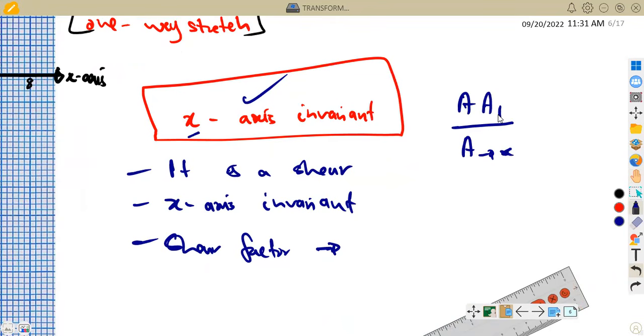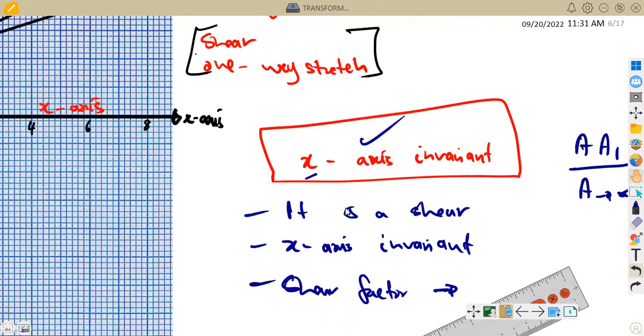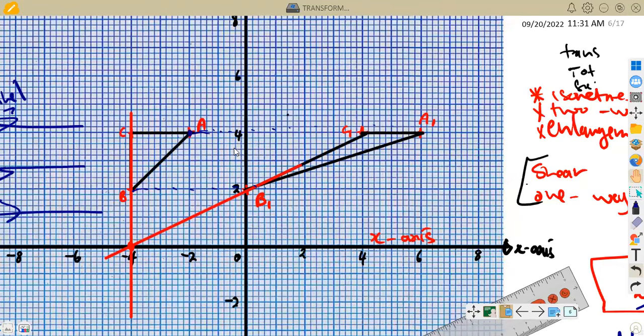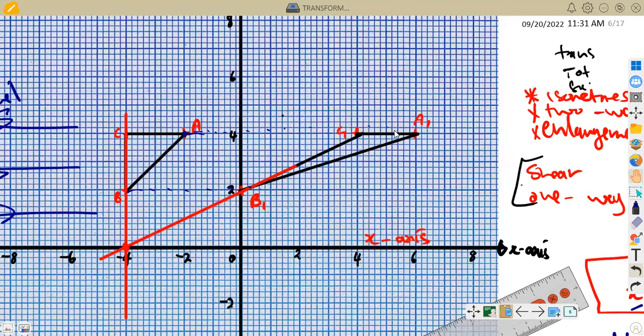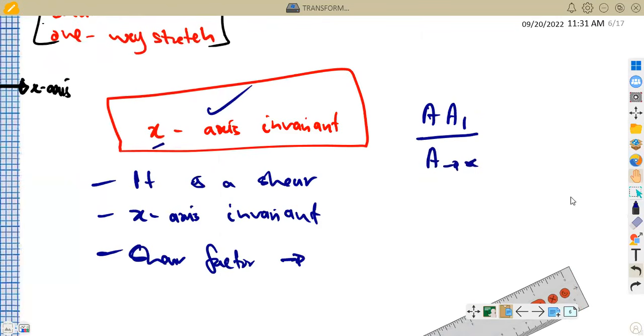Okay, so let us start with the distance of A to A1. So this is A to A1 according to scale. It's going to be 2, 4, 6, 8. According to scale, it's 8. So the distance moved by A to A1 is 8 units. All right, so this is 8 units over the distance of that point A from the invariant line, which is the x-axis.